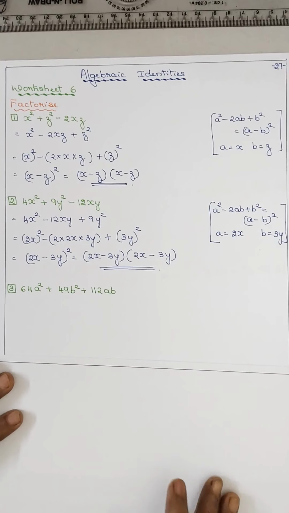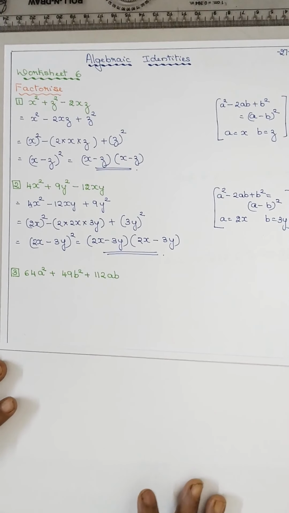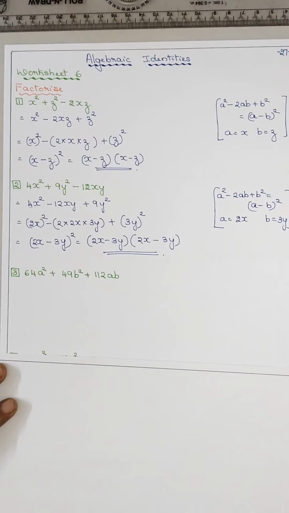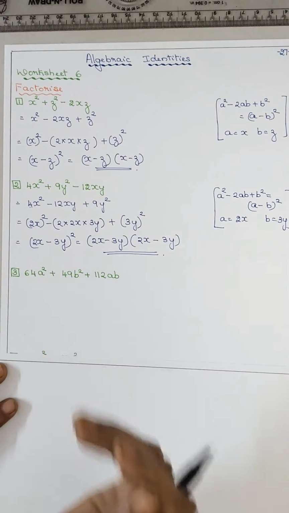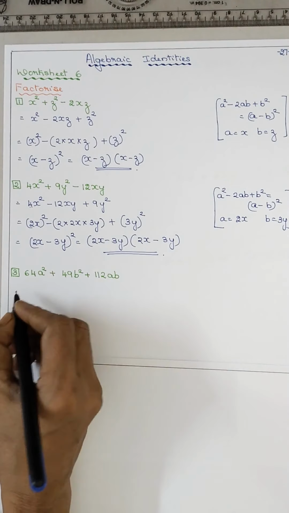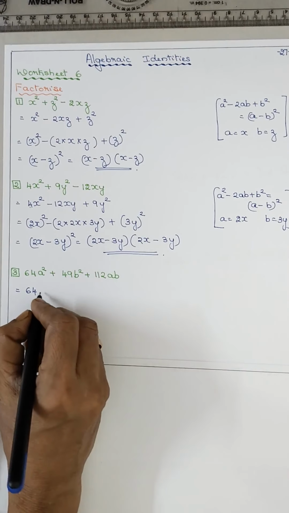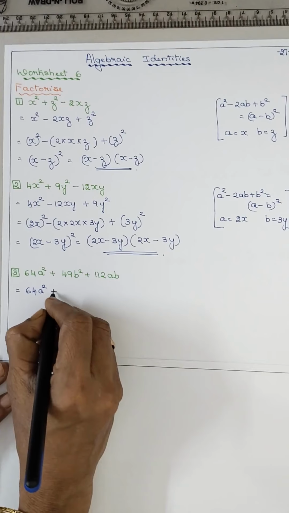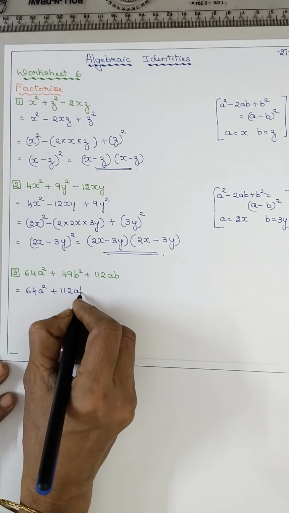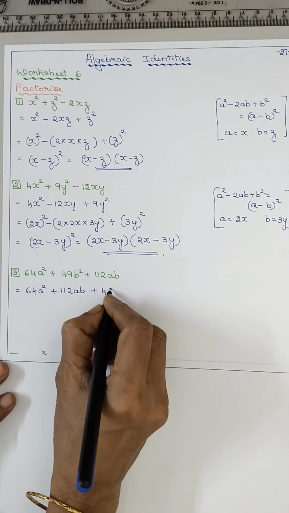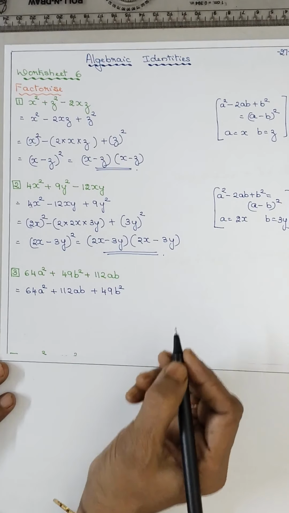Hope you are understanding. Now coming to the third sum. Again the first 2 are squares but the third one is not. So rearrange. 64a squared plus 112ab plus 49b squared.